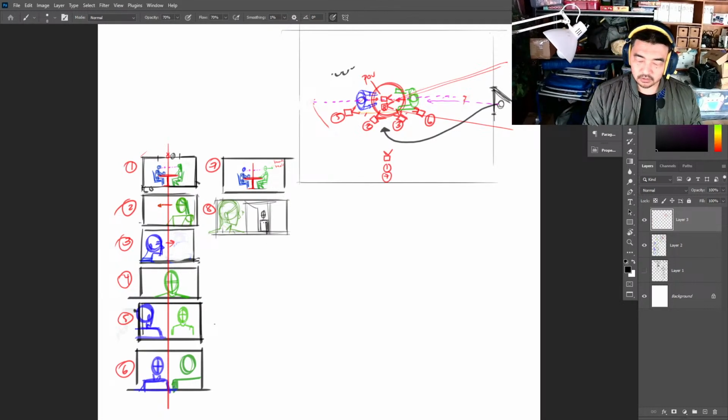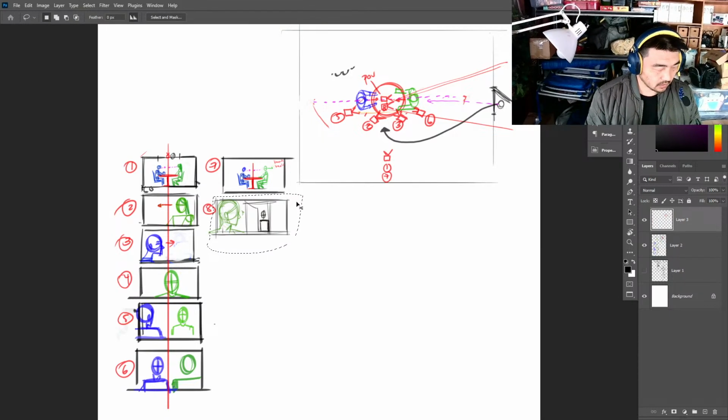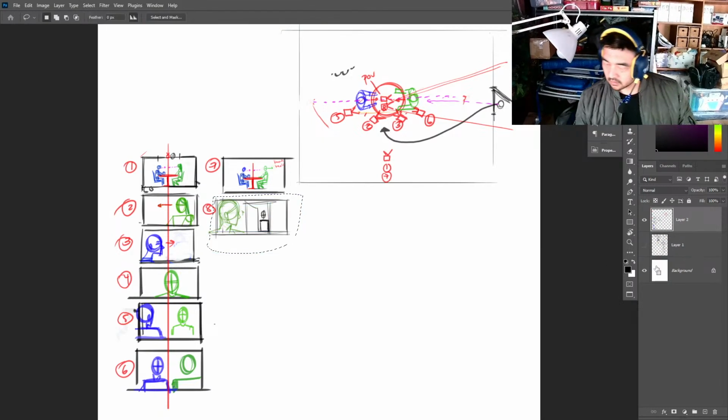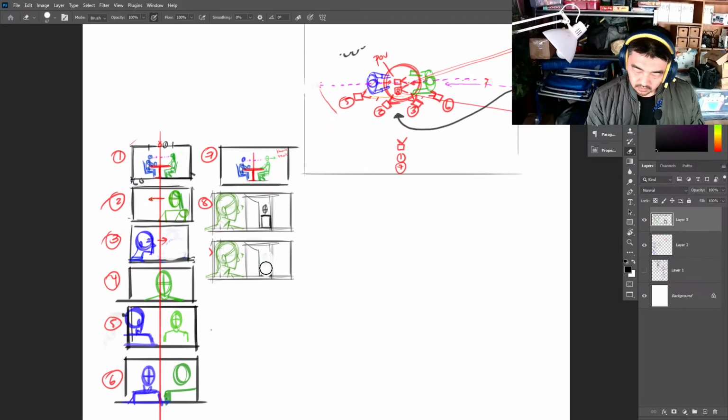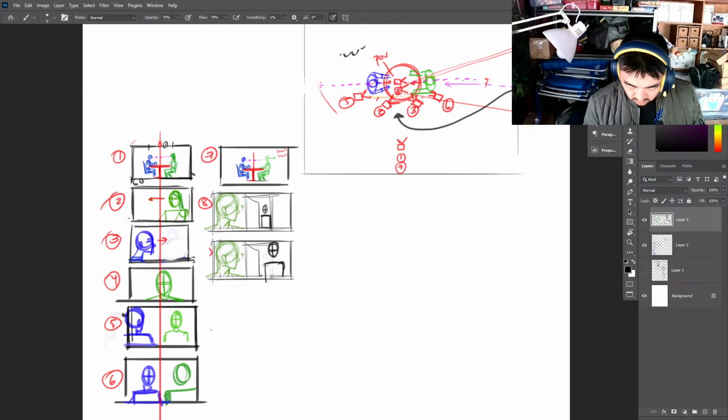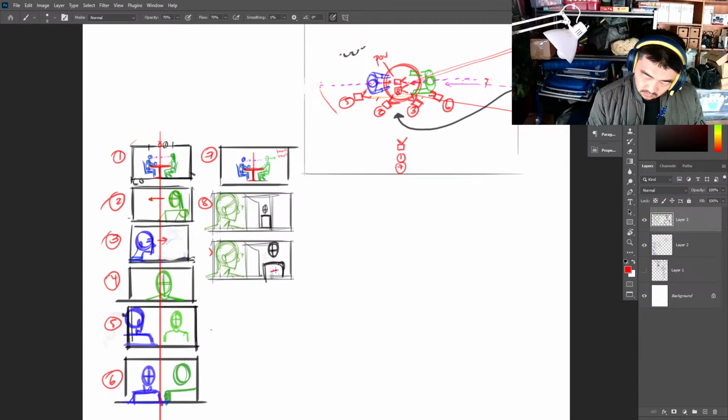So let's say this character comes and walks this way.